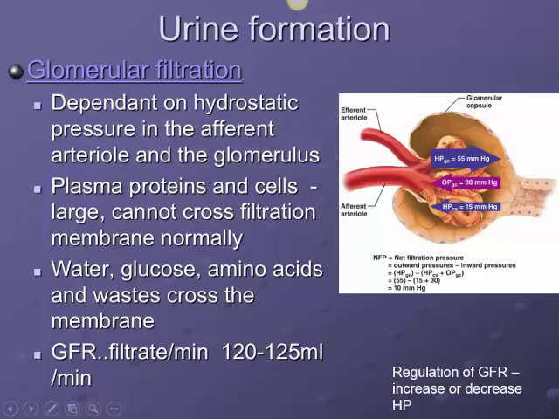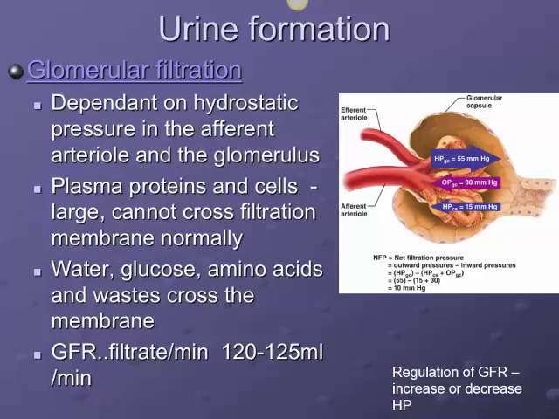Between the two, which one will win? Hydrostatic pressure, right? So hydrostatic pressure will win and it will tend to throw fluid out. Because of this hydrostatic pressure, fluid is thrown out into the Bowman space. And as I said, that filtration membrane is very, very fine with tiny pores, so large molecules cannot cross it.